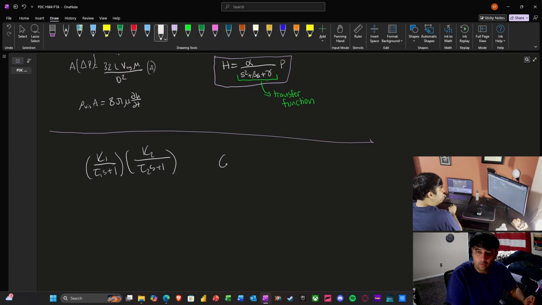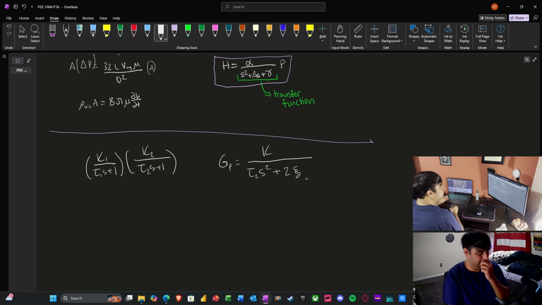And if we recall, our GP is k over tau squared s squared plus 2 times zeta times tau s plus 1.